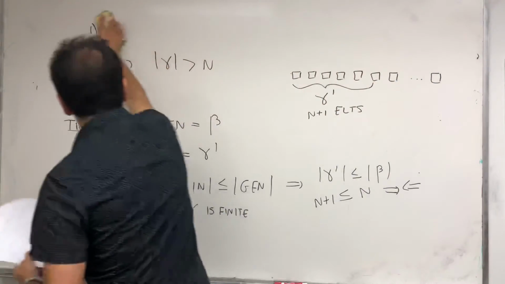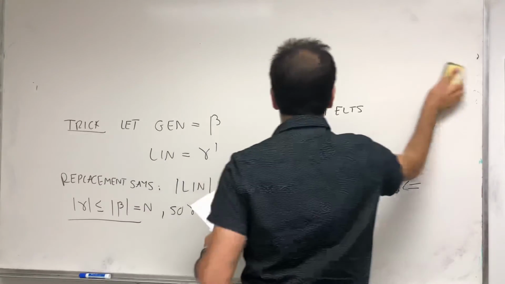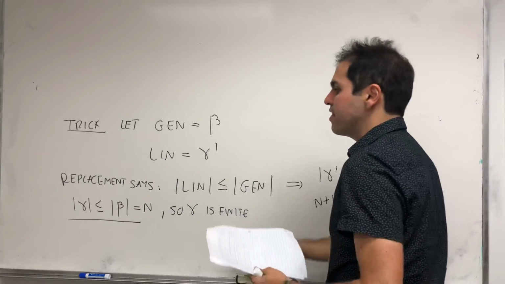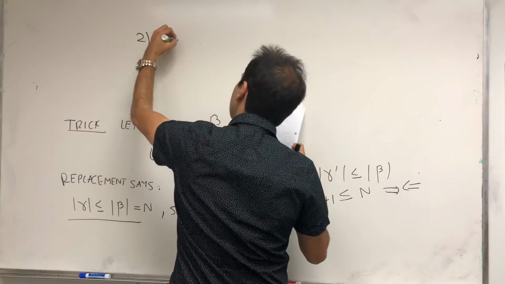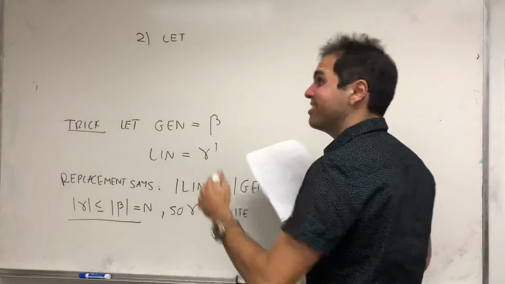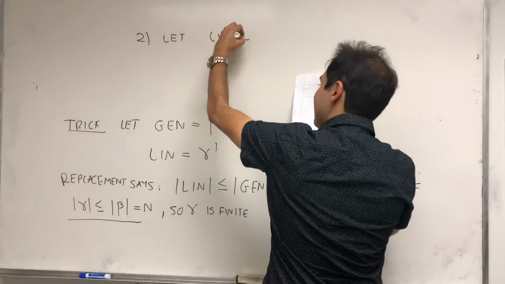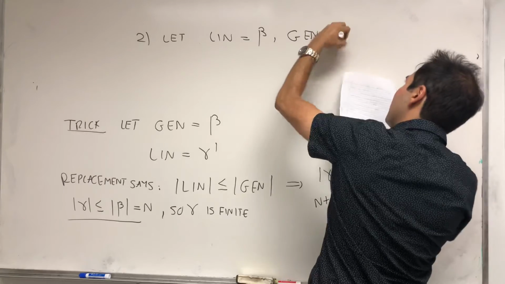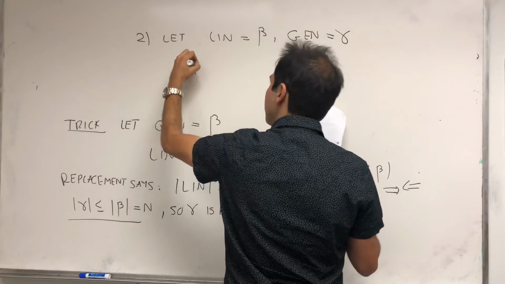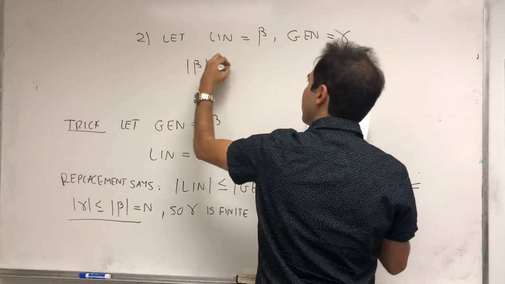Okay, which also means we can now apply the replacement theorem to both things. So let's switch this: let ln be beta and gen be gamma. Then, by the replacement theorem, this one is smaller than this one.